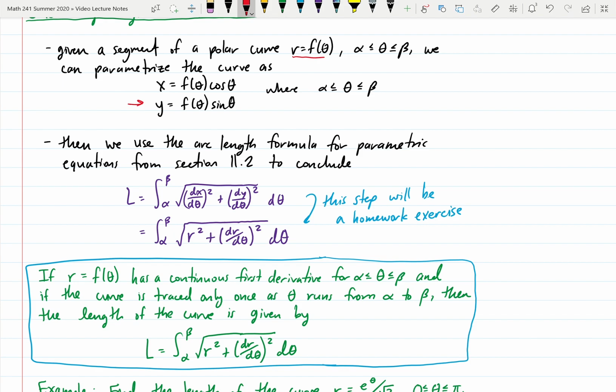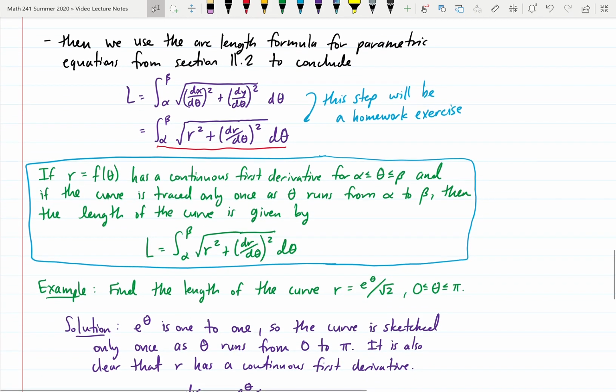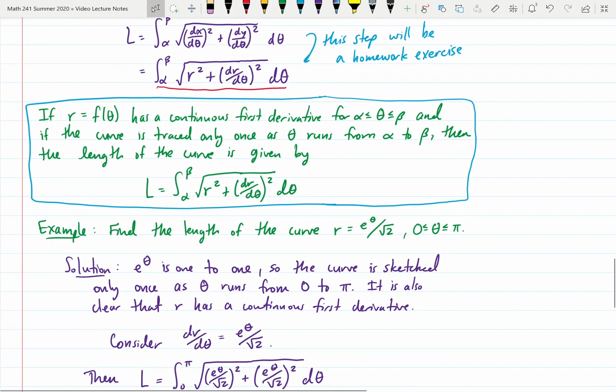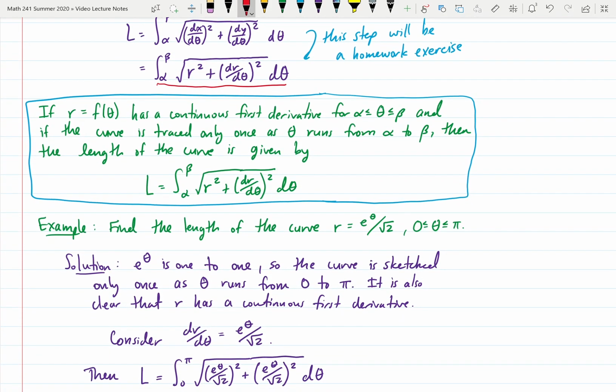And then using some algebra and some substitution, eventually that gets down to this second equation here. I didn't want to put that in because I think it'll be a nice homework exercise. I think it's exercise 29 in section 11.5. So I will almost definitely assign that for homework due on Wednesday. And this leads to the last theorem for the section.